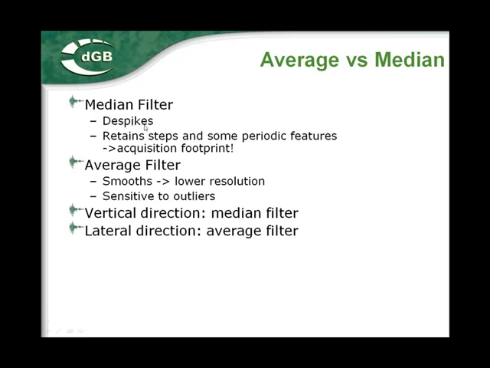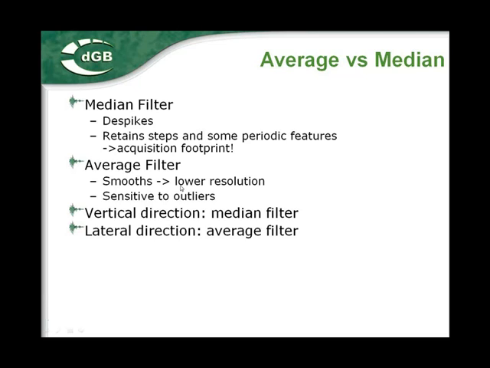A median filter de-spikes very well, but it retains steps, which is often a good feature, for example, if you filter over faults. And it retains some periodic features. The disadvantage is that it is sensitive to letting an acquisition footprint pass. The averaging filter, on the other hand, smooths.